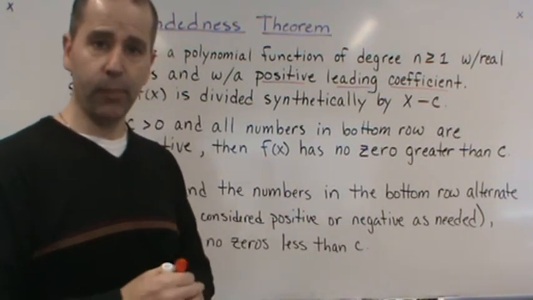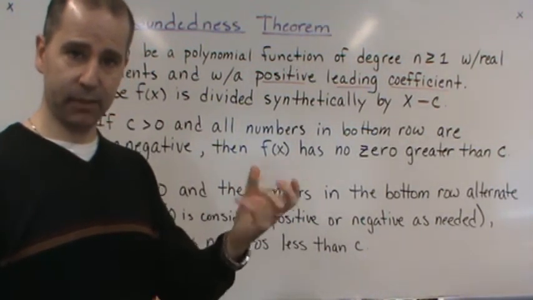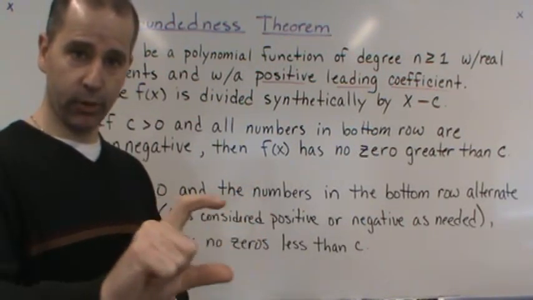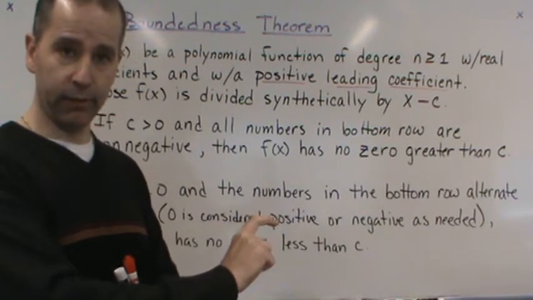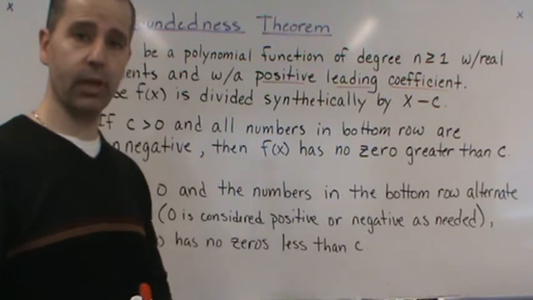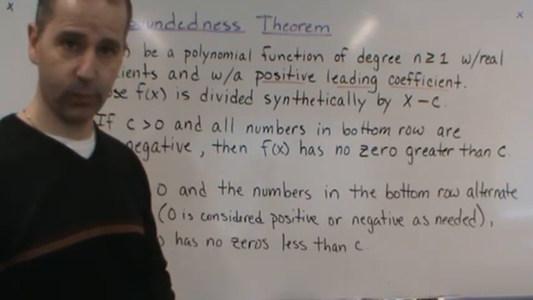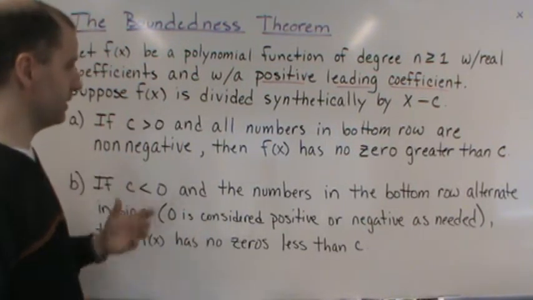The main thing is, if c is negative and we do the synthetic division, what we're looking for is whether the signs alternate in the bottom row. If they do, then that tells us there are no zeros that are less than the c value. So keep that in mind. That's how we're going to use the boundedness theorem.